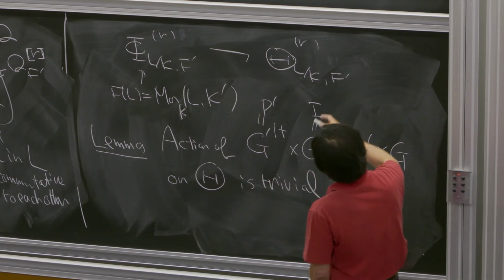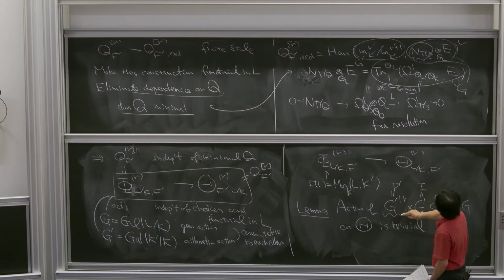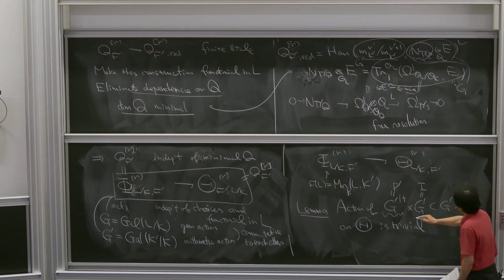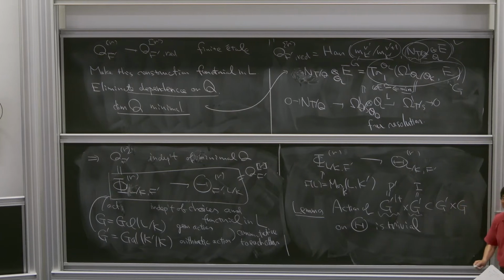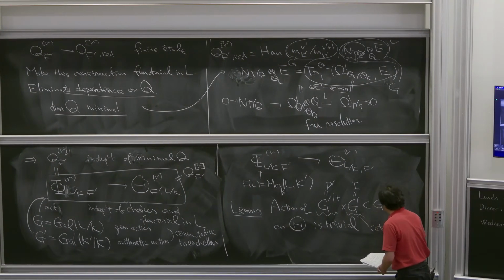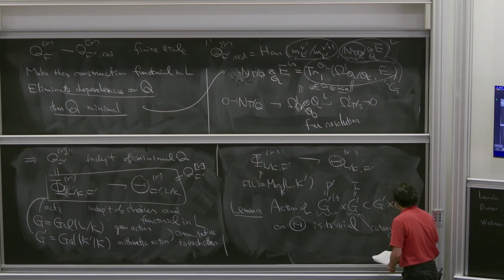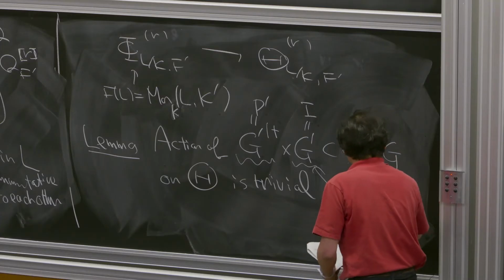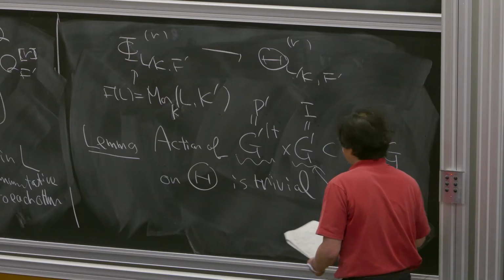And out of this description, the triviality here is trivial. But the triviality there is not so trivial. So here we use cotangent complex. So this we will see later.